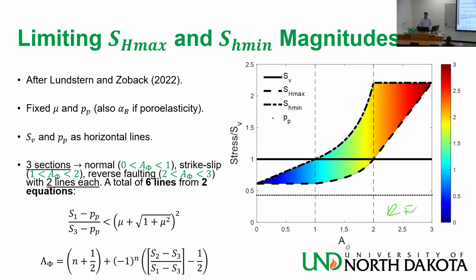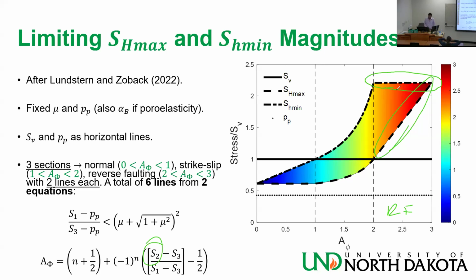So now you want a line for SH mean, right? This dotted line shows SH mean. So you come here and you solve for S2. S3 is SV, which you know. S1 is SH max, which we also know because it's a constant value. They are 2.2017, for instance, if you are using no poroelasticity.